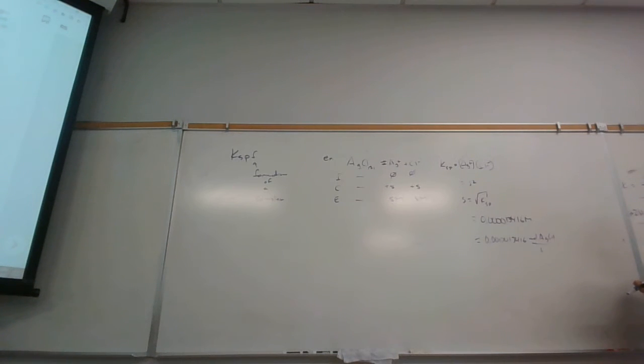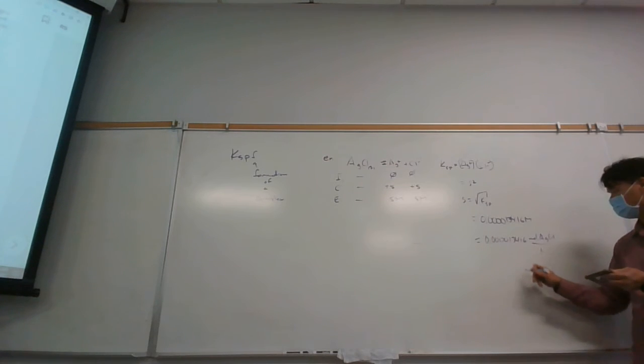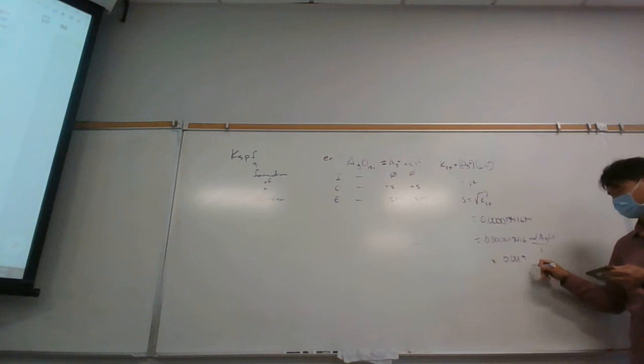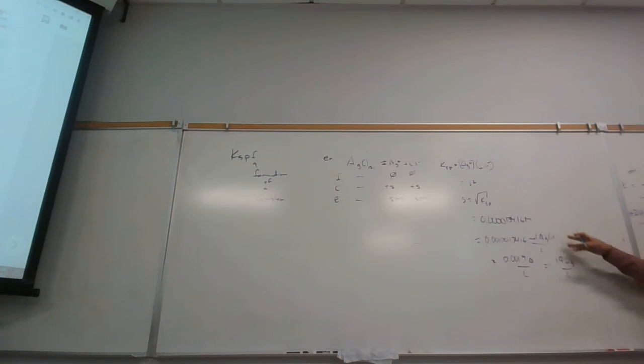Take that number times 143, and I'm going to get 0.0019 grams per liter, which is 1.9 milligrams per liter. So I could dissolve about 2 milligrams of silver chloride in a liter. About 2 milligrams.